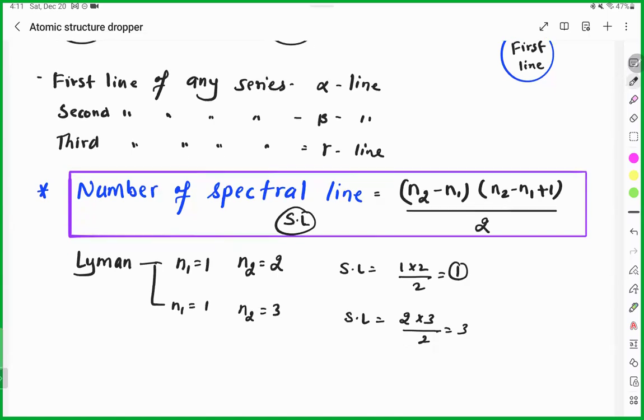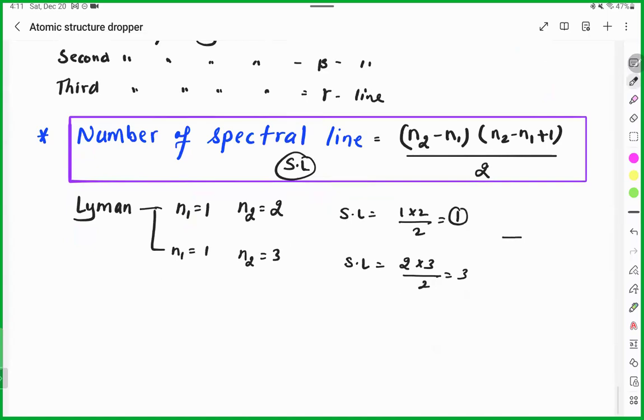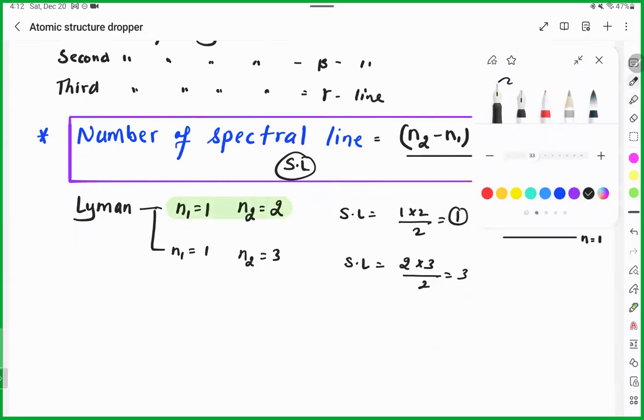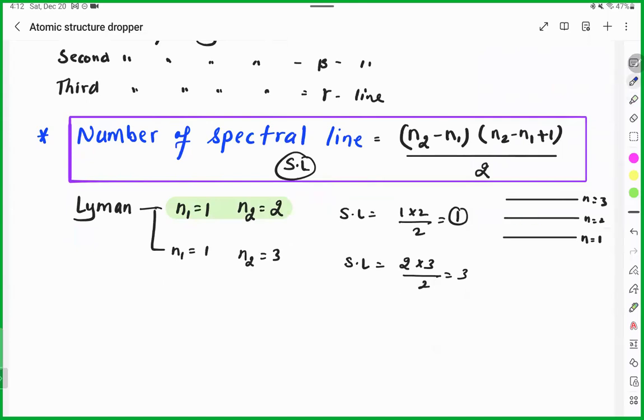Let me show you how. This is n1 equal to 1, this is n equal to 2, this is n equal to 3. If you take n2 to n1, you will see that there will be only one line.